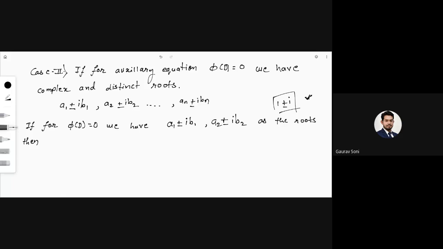Anyone? What should be the degree of phi of D if a1 plus minus ib1 and a2 plus minus ib2 are the roots? 1.